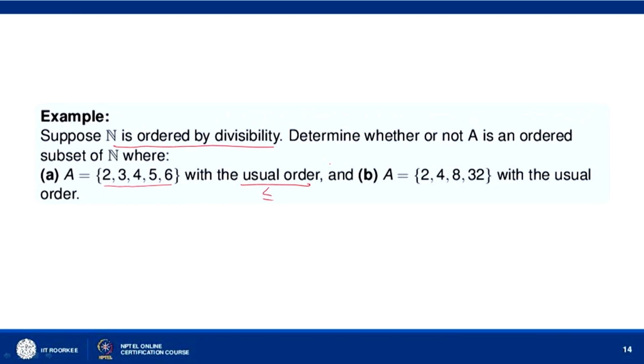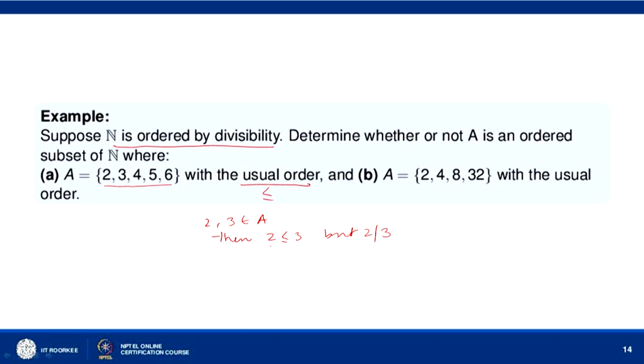Let us take 2, 3 belonging to A. Then 2 is less than or equal to 3, but 2 does not divide 3. In N, the partial order relation is divisibility.